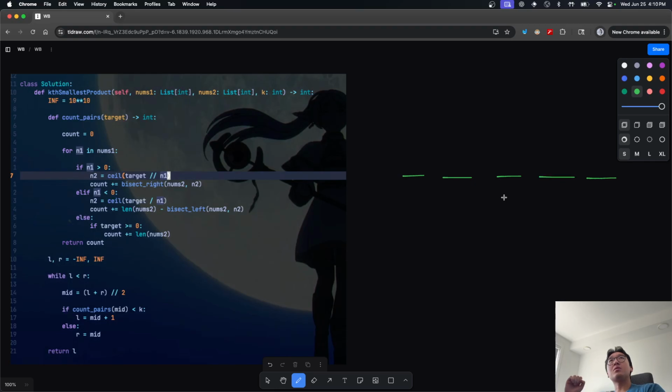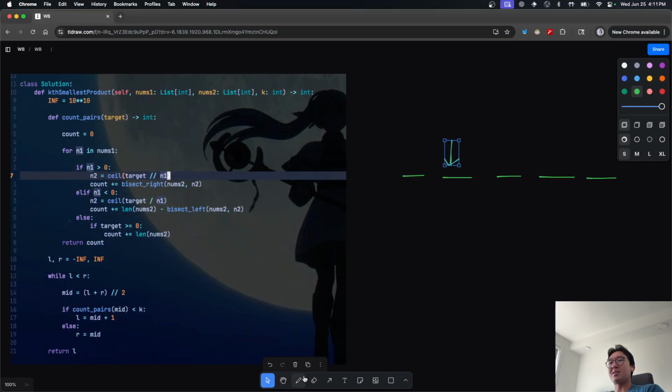If it's negative, then we find the smallest number that multiplies to give the target. The target can be right here, but we want the ceiling, so it will give this number, which is fine. And then we bisect left.